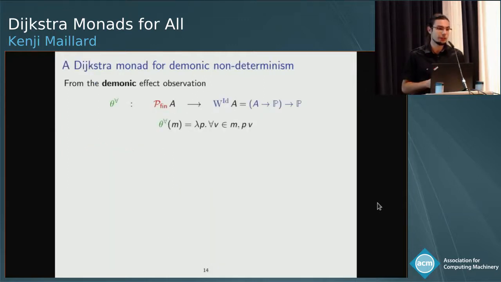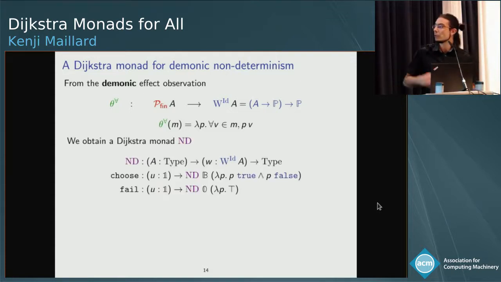If I take this effect observation for demonic non-determinism that I showed you earlier, I can use that, currently in F-star, to describe a new Dijkstra monad in which I can define choose and fail operations, which allow me to do non-deterministic computation with inference of verification conditions at the same time.